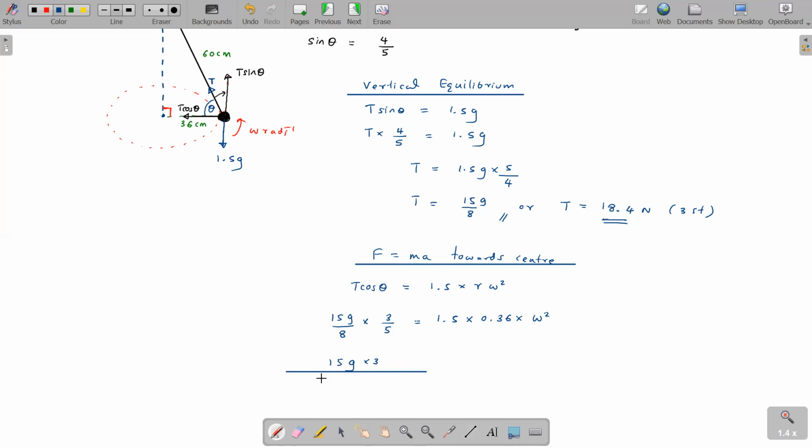I think all the other numbers are down, right? 8 was already down, 5 is already down, and we'll bring 1.5 into 0.36. Can you see? 15g into 3 is in the numerator, 8 into 5 is the denominator, and 1.5 into 0.36 also comes down to the denominator. And then you take the square root of the whole thing and you can get the value of omega.